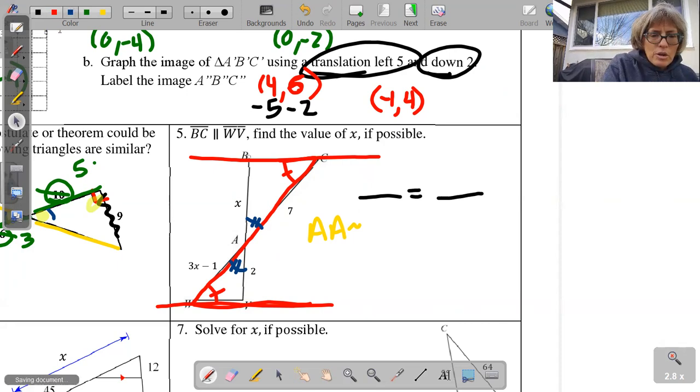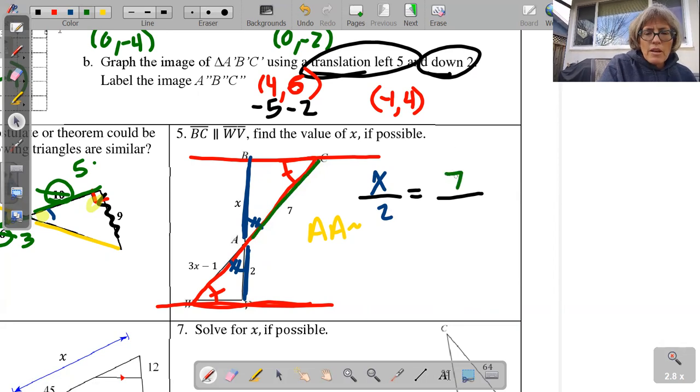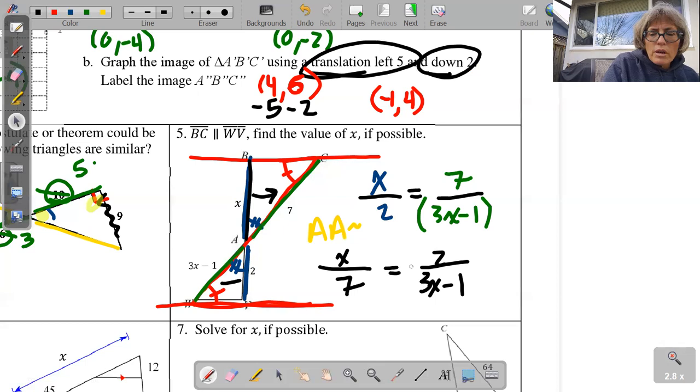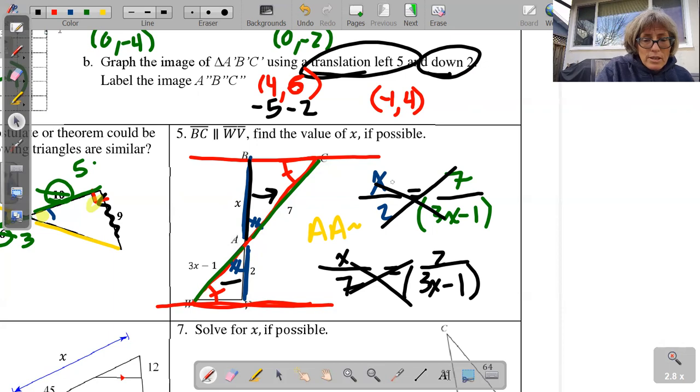And I know that from here to here, its match is the 2. It's in the same position. So I'm going to work top to bottom: x over 2, then top to bottom, 7 over 3x minus 1. Just for giggles, just so you can see it both ways, I could have done this short to long: x over 7, short to long, 2 over 3x minus 1. Either way, you cross multiply and you solve for x.